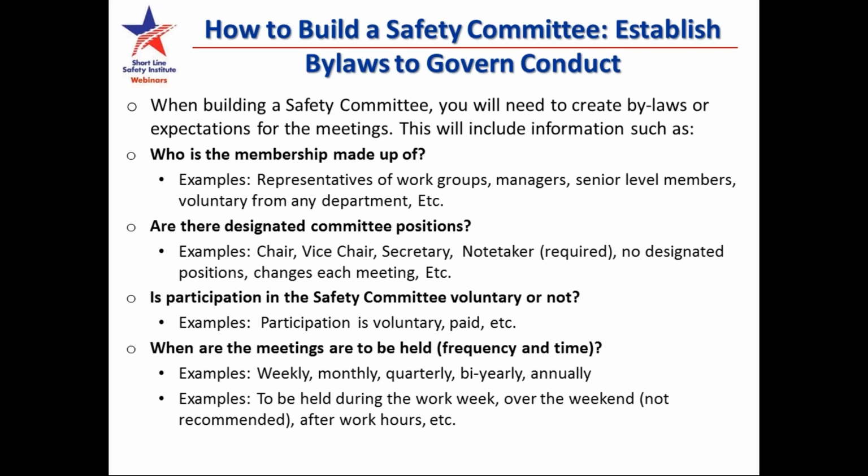If you're a larger railroad with maintenance of way, mechanical, and transportation departments, you may want one or two individuals from each of those areas. You may want them selected by the management team, or by the individuals in their workplace. Whatever that is, there needs to be a clear understanding of where those representatives are going to be taken from and how they're going to be put in place.